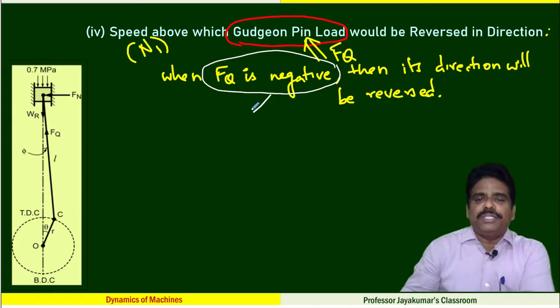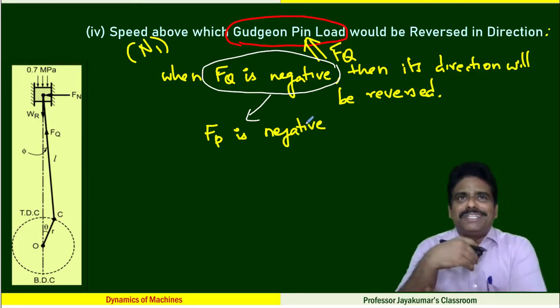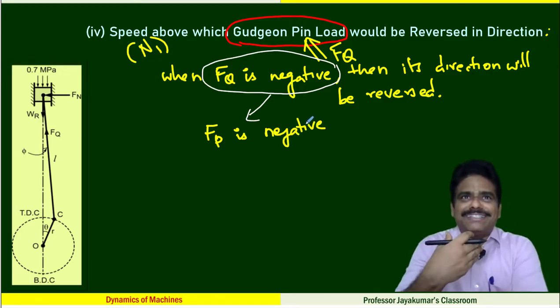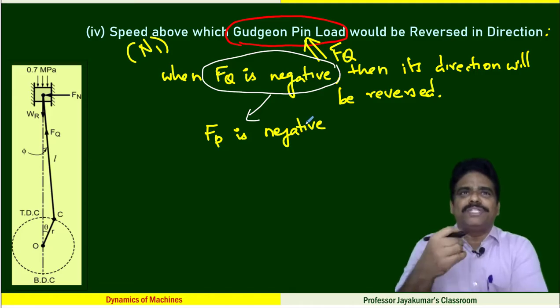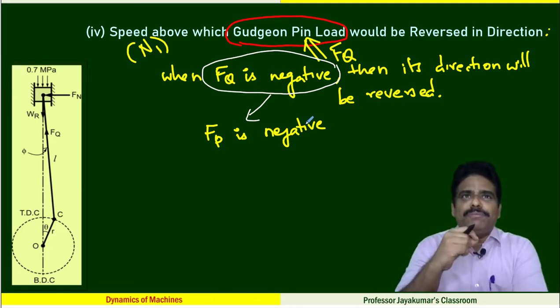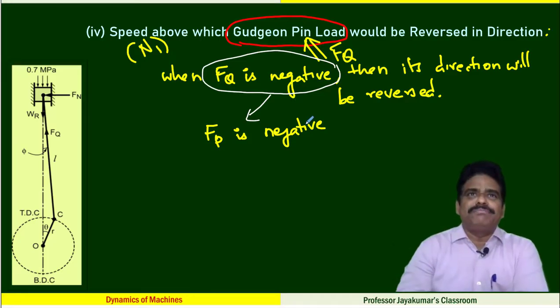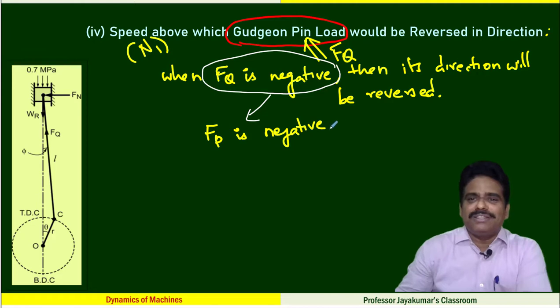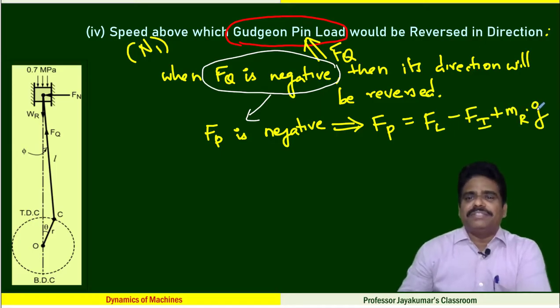Fq will be negative only when Fp is negative. So when piston effort changes its direction, Fq direction also will change automatically. When Fp becomes negative, Fq will automatically become negative. That is the logic. What is the formula for Fp? We know that Fp in this case is Fl minus Fi plus weight.